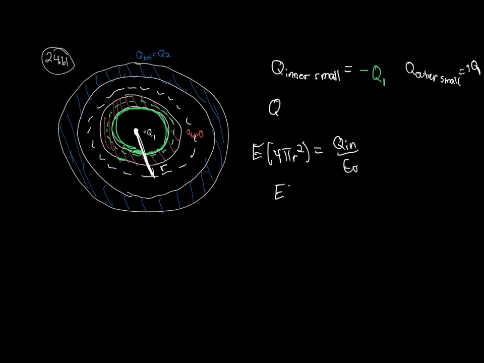So E equals Q1 over 4 pi epsilon naught times little r squared. There's my electric field. Next part. What's the next part? The next part wants the inner surface of the outer shell.